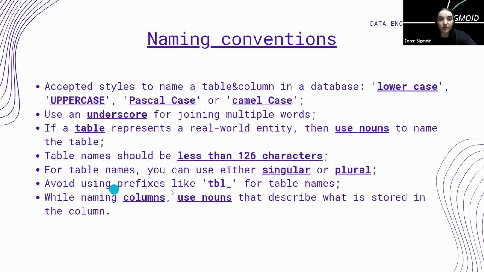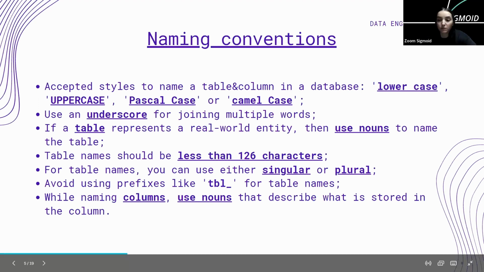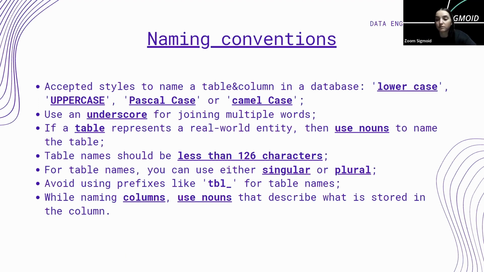Avoid using prefixes like TBL for table names. For columns, name that column first name, if you store the address, use address, and email, phone, and so on. Avoid using words that are just data types like text or date.